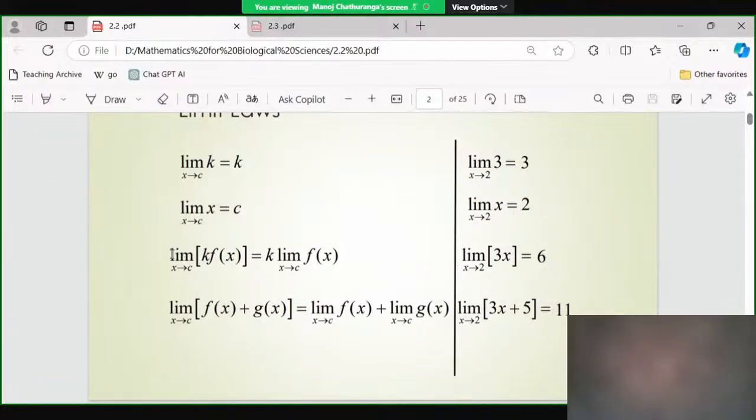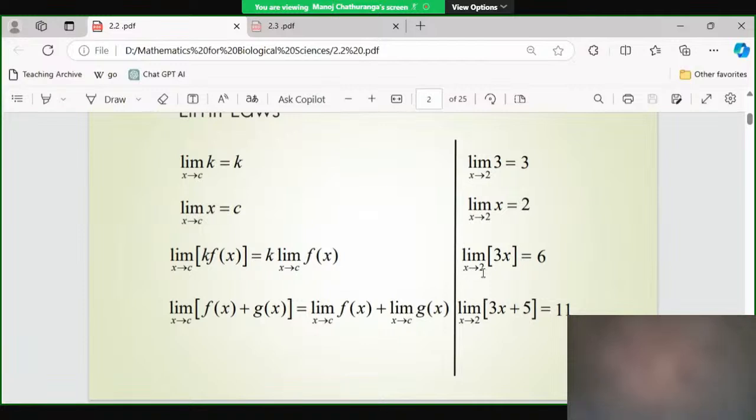Then the last two properties. Let's say you have some constant times f(x) and you know the limit of f. Then you can put the constant aside and compute the limit. So for example, when x goes to 2, 3x: keep 3 aside.